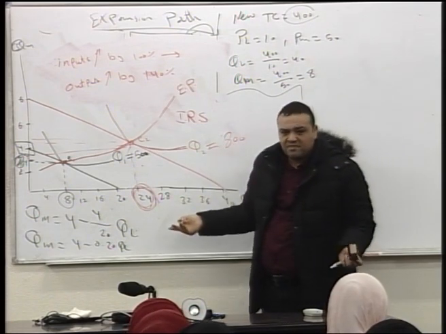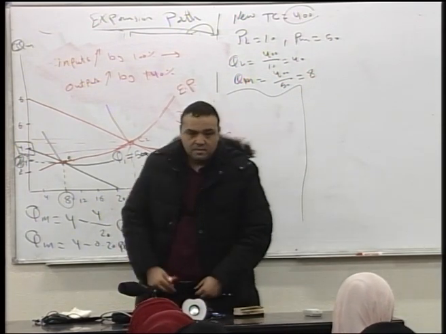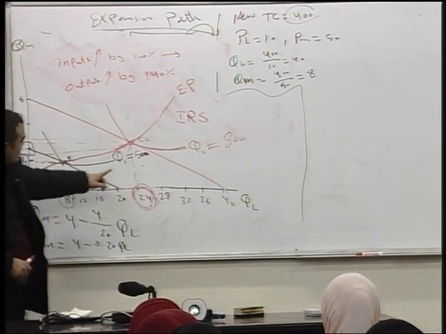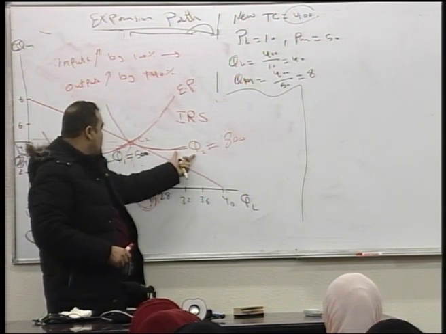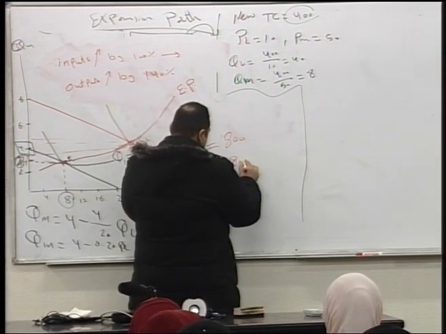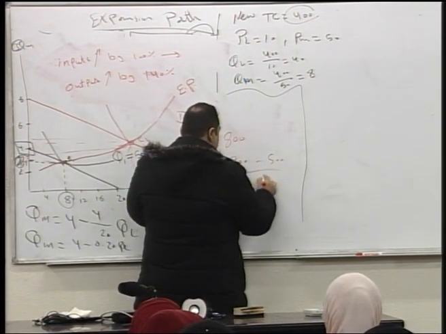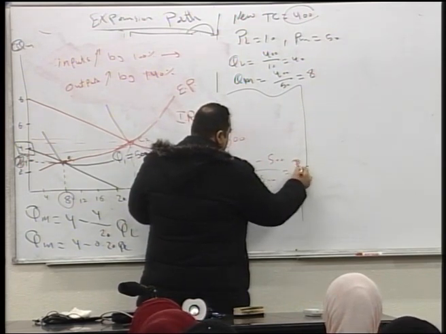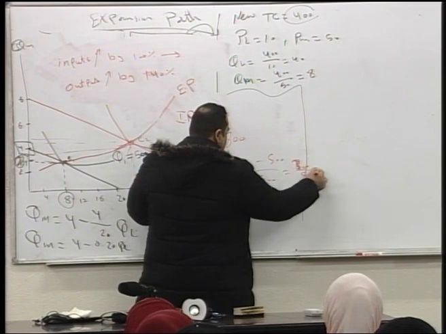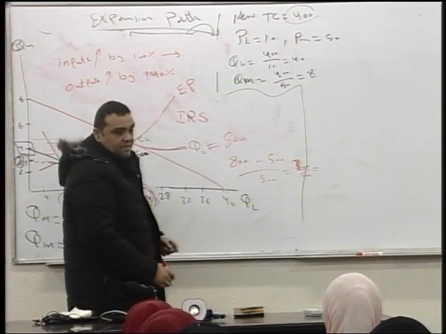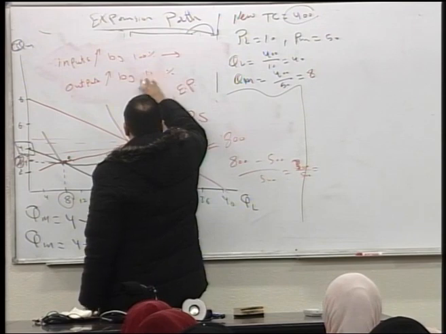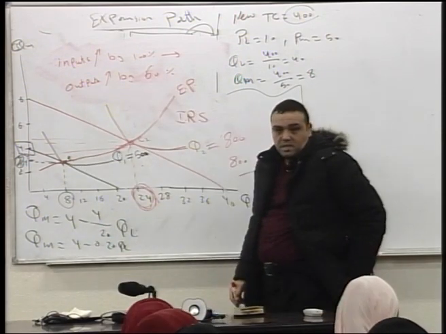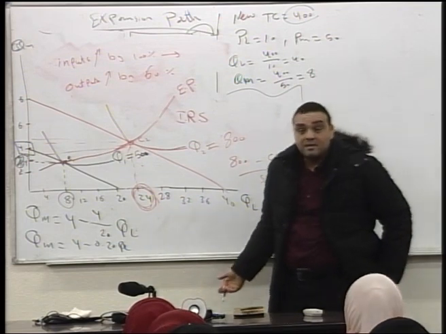Not 50, more than 50. 800 minus 500 over 500, which is 300 over 500, 60%. It's just 60% here. So the expansion here is bad.